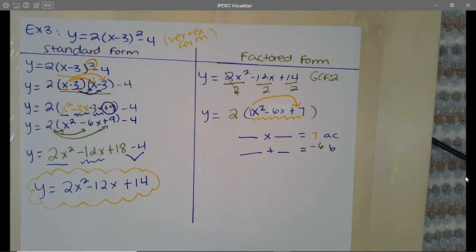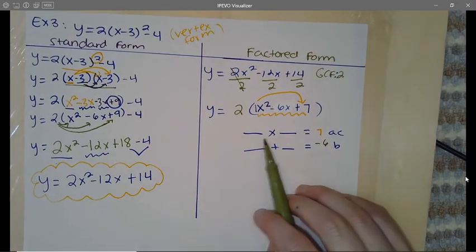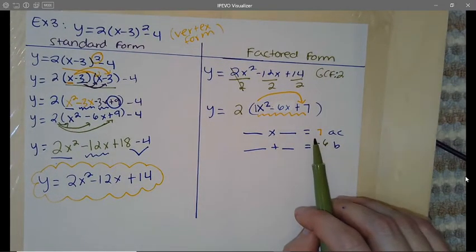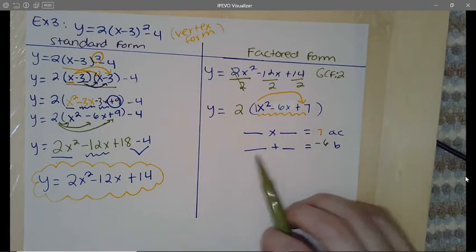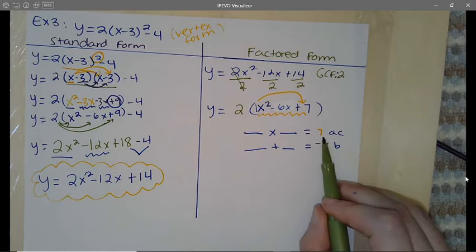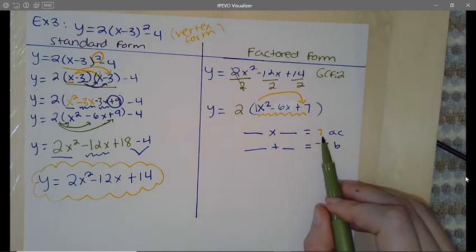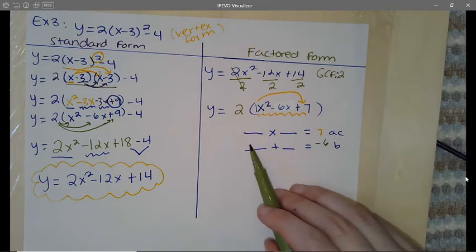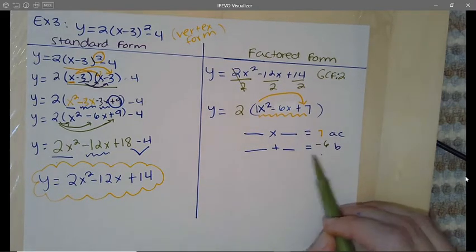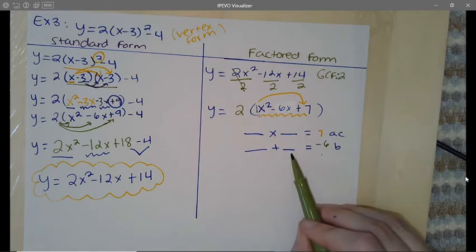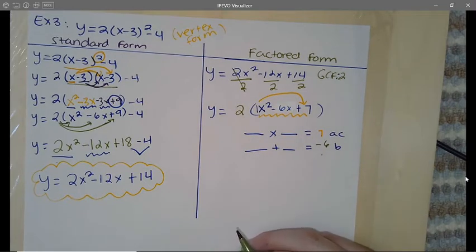Alright, so remember, if we are multiplying to get a positive number, either both of these numbers are positive or both of them are negative. Now, the only thing that multiplies to 7 is 1 and 7. Does positive 1 plus positive 7 equal negative 6? No, that's positive 8. Negative 7 minus 1 more is negative 8, so that's not going to work.